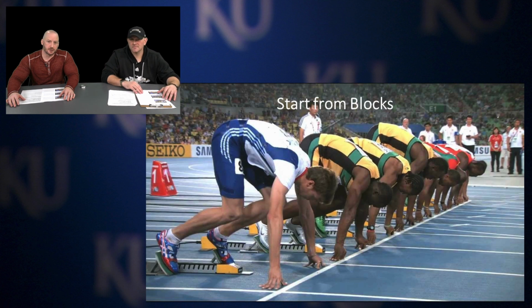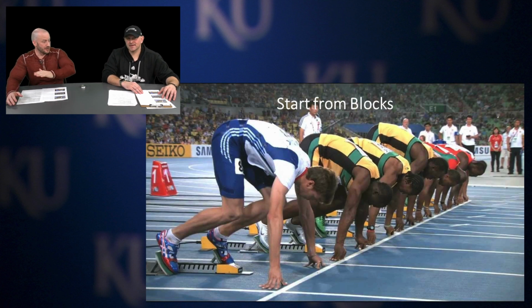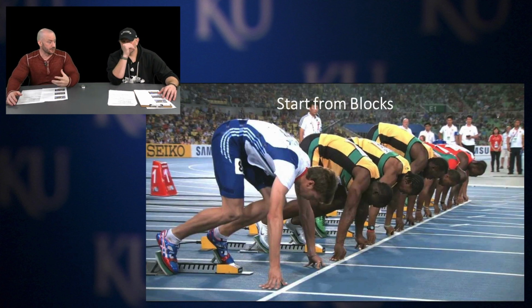But also, when you're leaned more forward, you look at the Jamaicans again in yellow and green there, you're really going to have the strength to propel yourself out at that 45-degree launch angle and be able to deal with the ground reaction force of that zero step, that first step hitting the ground.